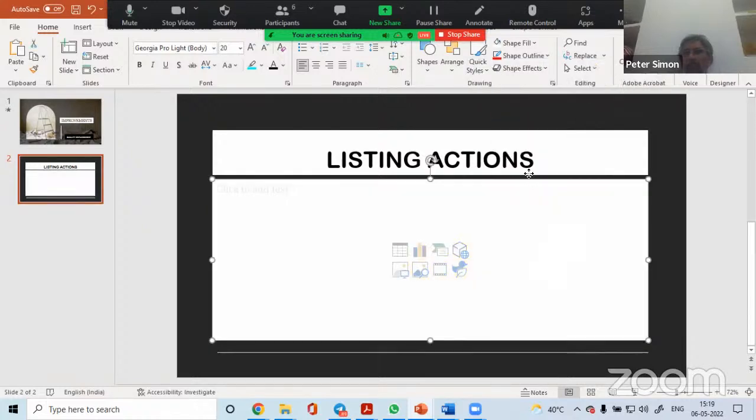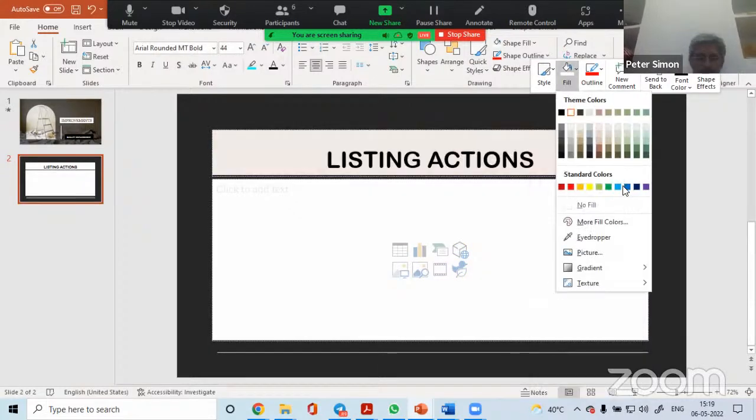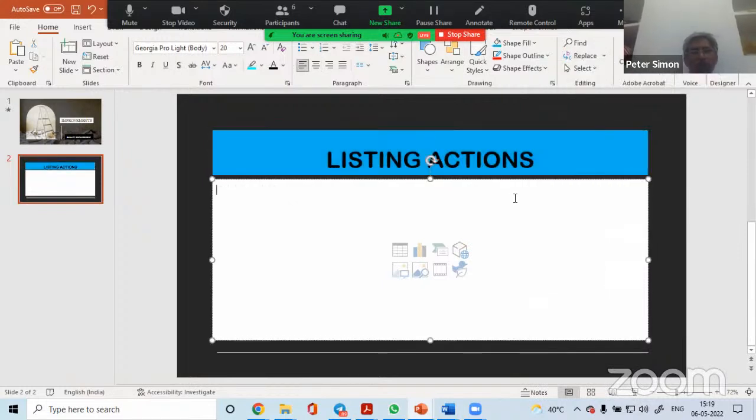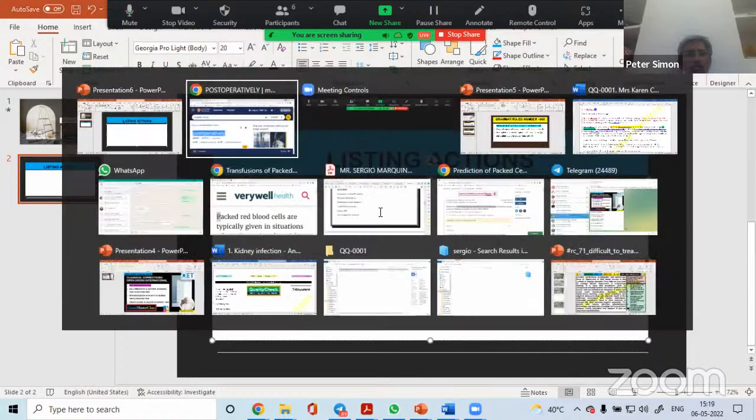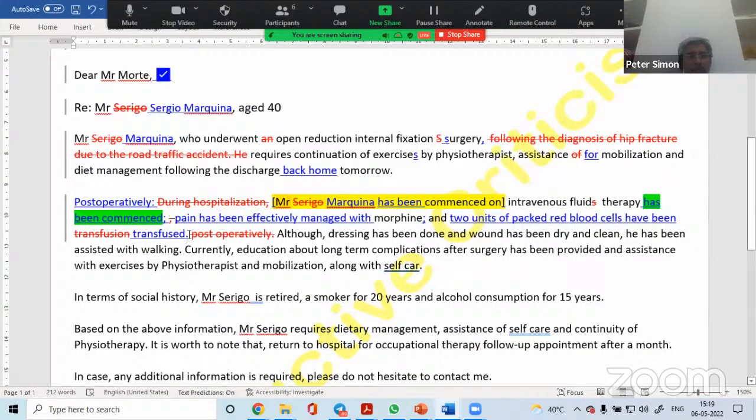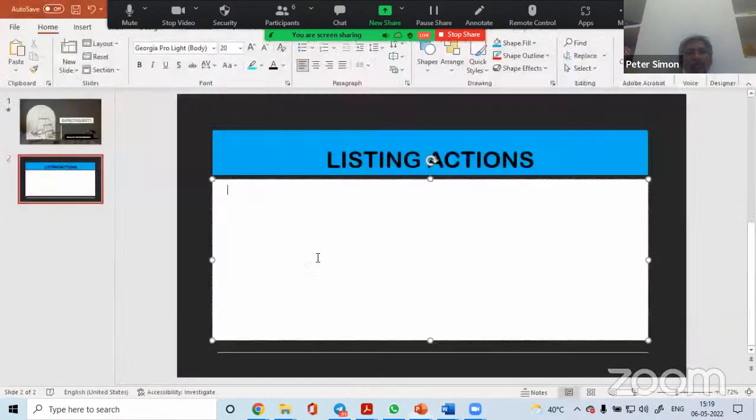It's actually reversal. So listing actions. There are three things. Number one. So here, there are three things together.